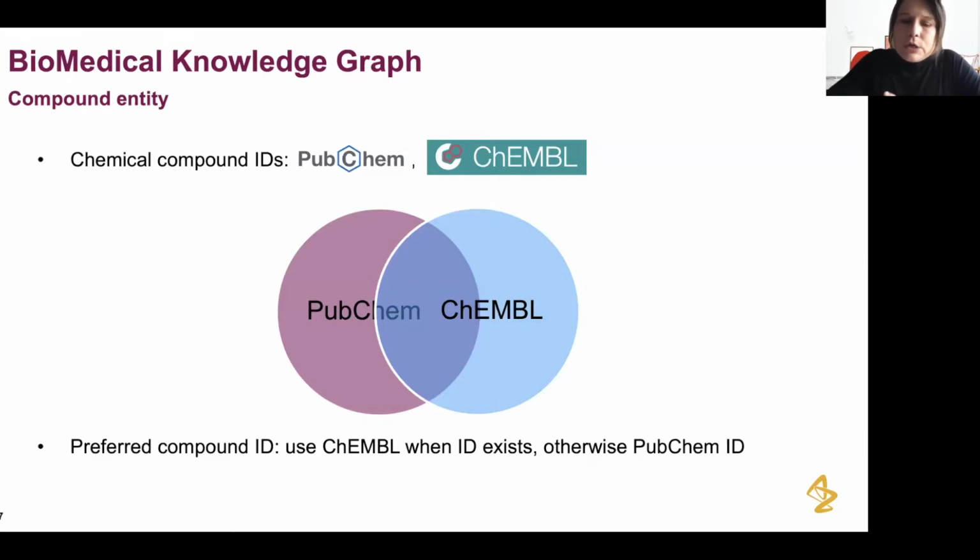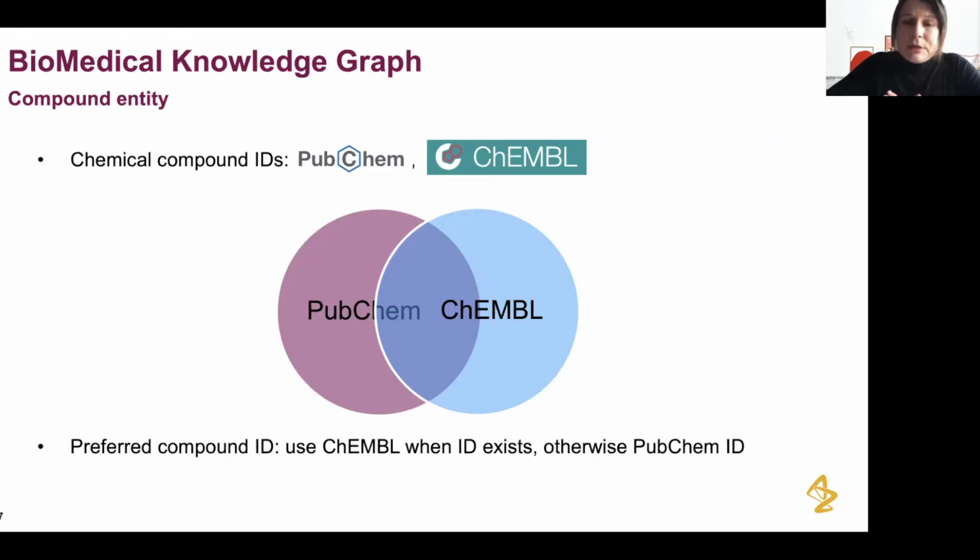And now the question of how we are calling things, because for chemical compounds, there are two very big databases, PubChem and ChEMBL, that are publicly available and broadly used. PubChem is in the US, ChEMBL is the European Bioinformatics Institute archive. The story is like that.